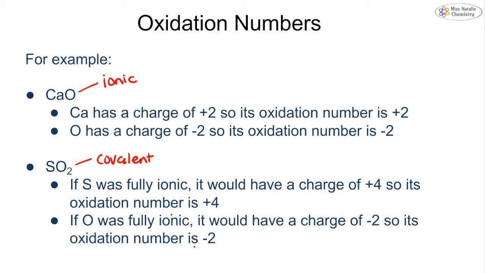So this would have the oxidation number of 2 minus. So if sulfur in this example was fully ionic, it would have to balance out the 2 negative charge from the 2 ions of oxide. So that would cause it to have a charge of 4 plus, so its oxidation number is 4 plus. And we're going to look at some examples of how to do this in just a minute, but to make it a little bit easier, scientists have come up with a set of rules for oxidation numbers.